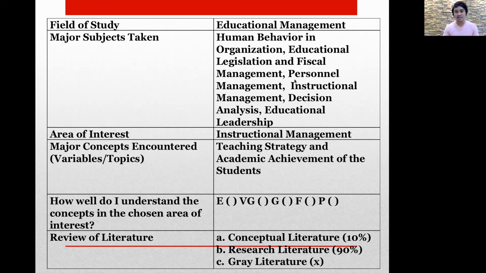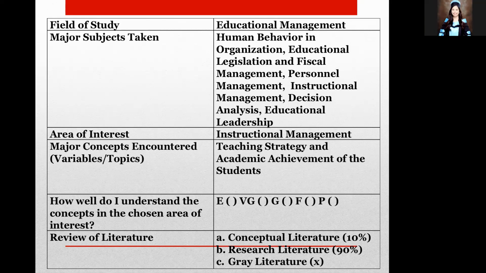So, ibig sabihin, you are going to present themes like teaching strategy and academic achievement. So therefore, when you look for literature, you're going to look for topics about teaching strategy and academic achievement. So ang IV mo rito ay ano? Ano muna ang DV? Teaching strategies, sir.